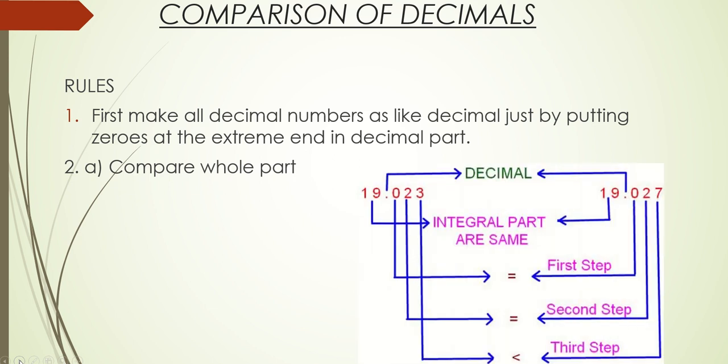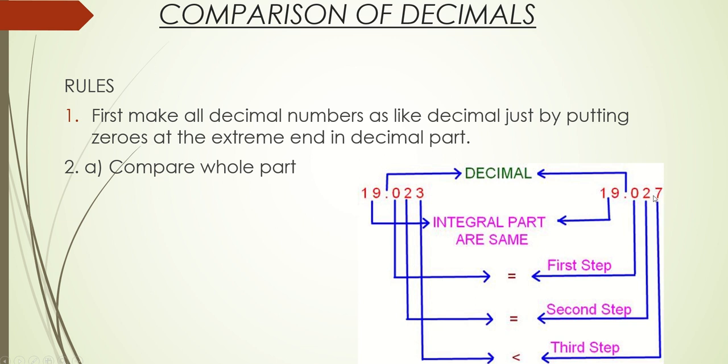Take this example, 19.023 and 19.027. Before comparing, you have to check whether we have like decimals or unlike decimals. 19.023 and 19.027 both have 3 decimal places.